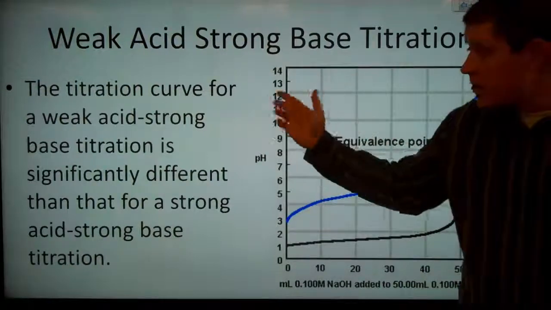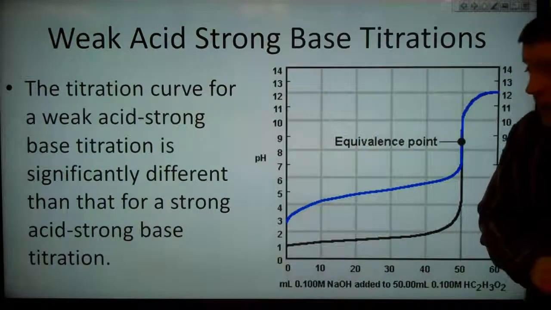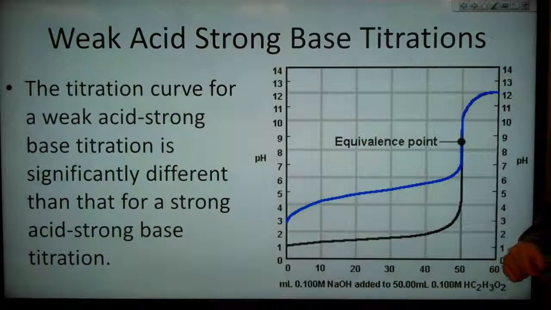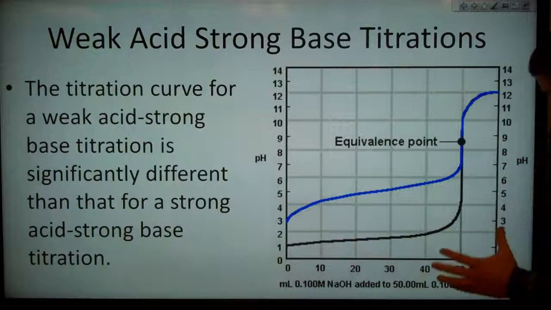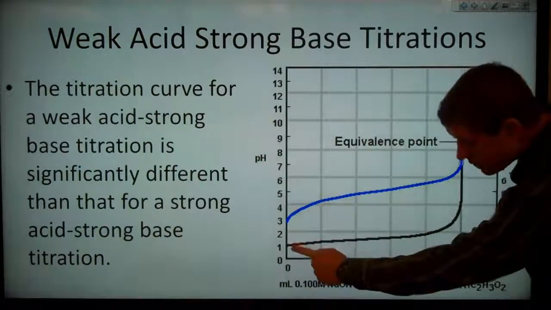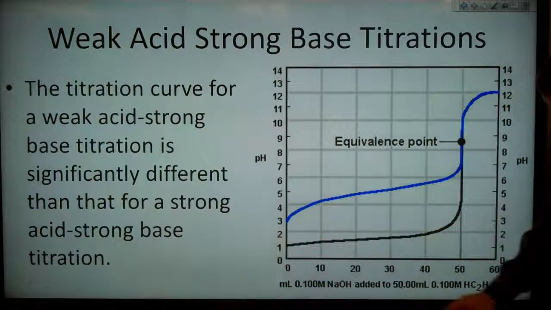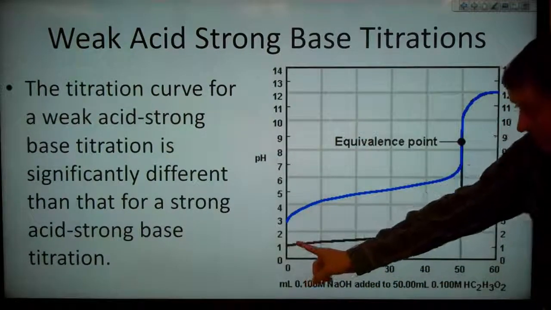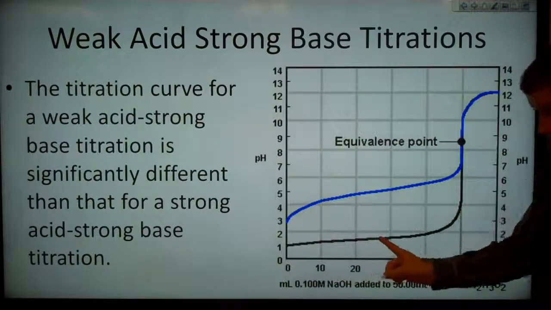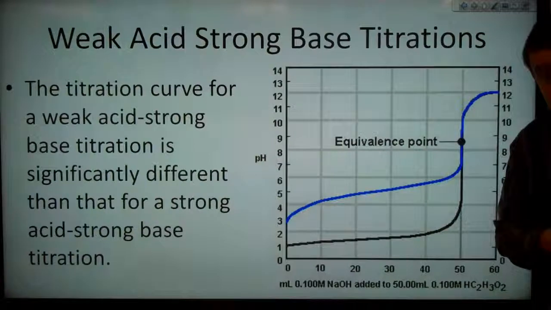So the titration curve for a weak acid, strong base titration looks significantly different than that for a strong acid, strong base titration. We have some cases like this. The strong acid, strong base titration is this black curve. Note that the pH doesn't change much, and this is because we have a lot of hydrogen ion around, because we've got a strong acid.